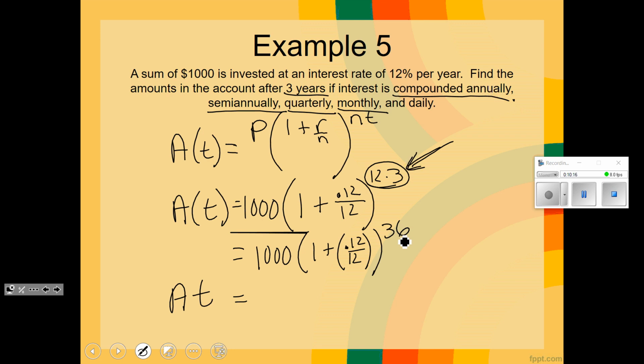So if I plug that into my calculator, if I compound it every month, meaning you earn so much per day. So at the end of the first month, I've earned a little bit of money. I'm going to invest that, compound it again, then at the end of the second month, same thing, invest what I've made to there, compound it again. So how much money? $30.77. Anyway. All right, let's do one last one.